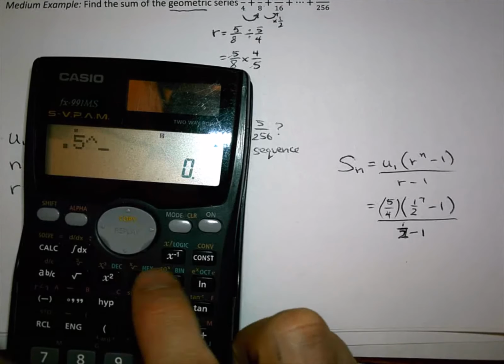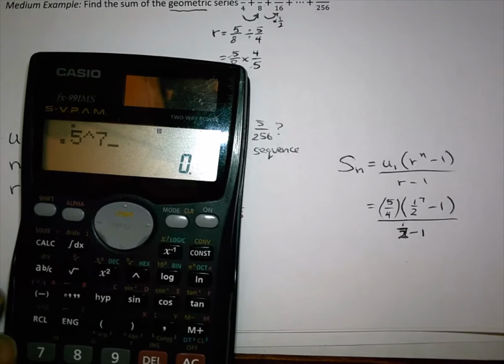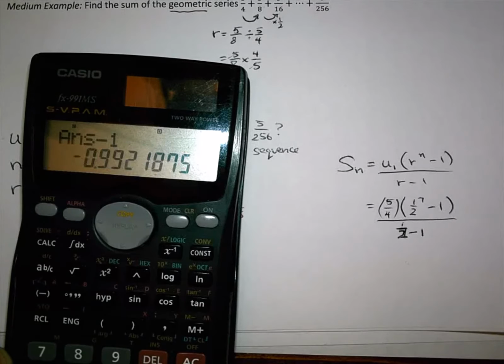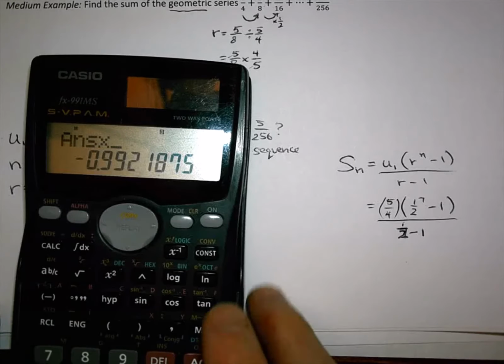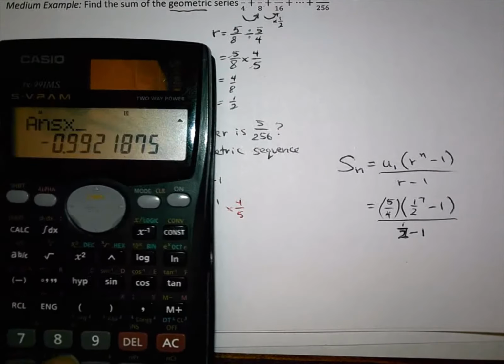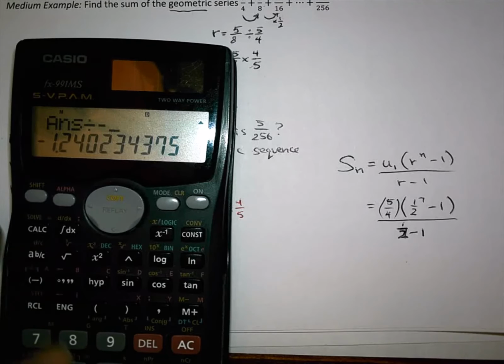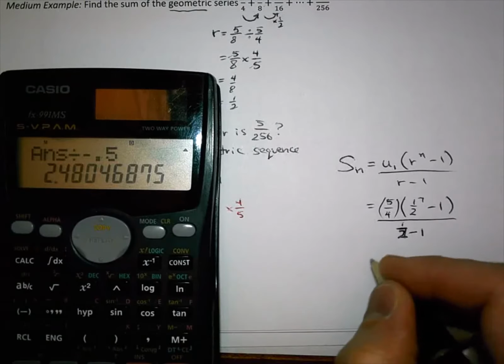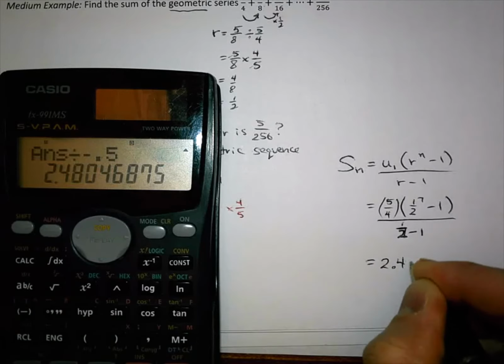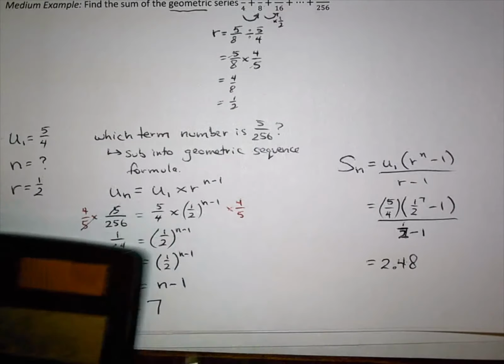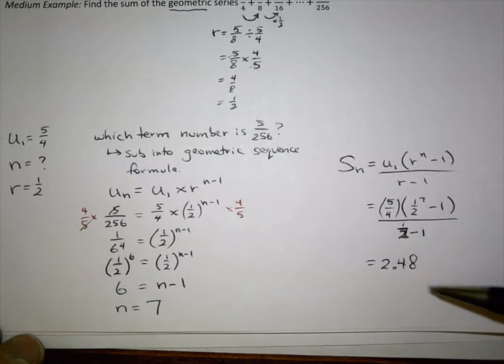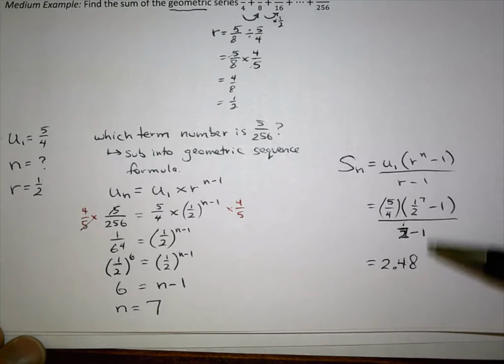So 0.5 to the power of 7 minus 1, times 5 over 4, divided by negative 0.5. And that gives me 2.48. Again, you probably could have done it by hand. I didn't feel like it, to be honest, but you could have done it by hand as well.